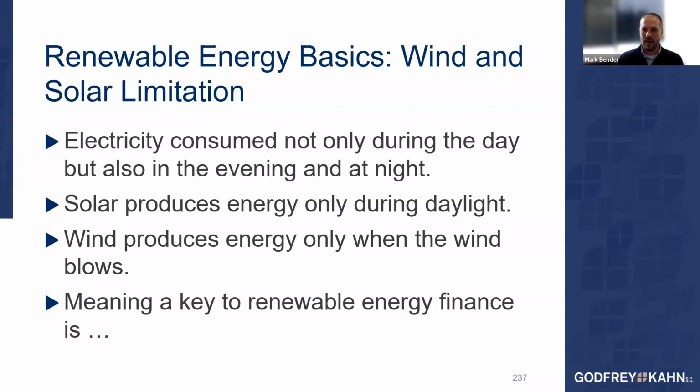But as everyone knows, solar only produces energy during the daylight, and wind facilities only produce energy when and if the wind is blowing. So due to those limitations, it's important to make sure that an energy resource benefits tribal housing even when energy usage and energy production aren't necessarily going to align.